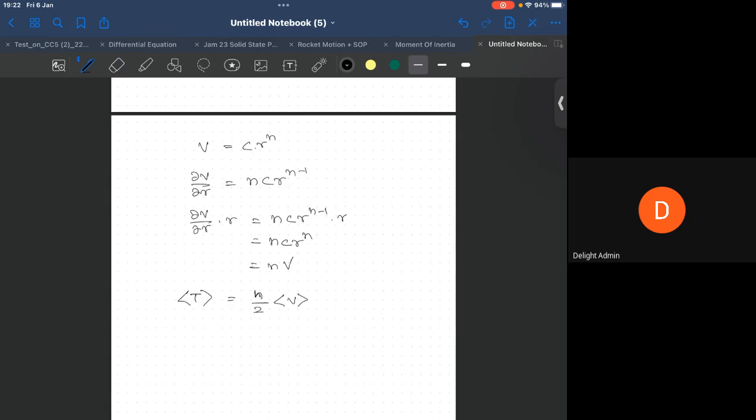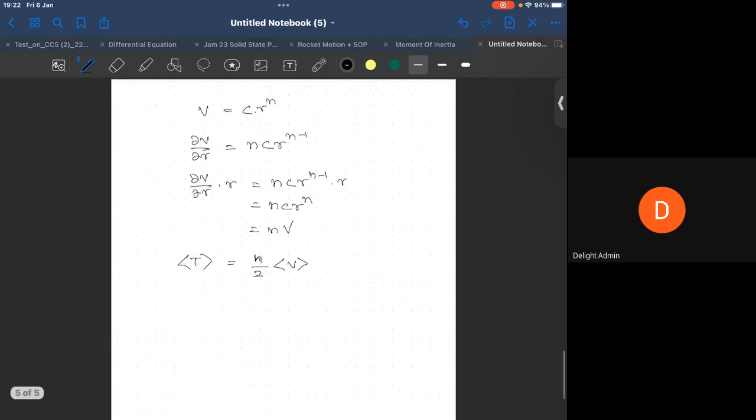So from here I can clearly write the expression of the total energy, which is the expectation of kinetic energy plus the expectation of potential energy.